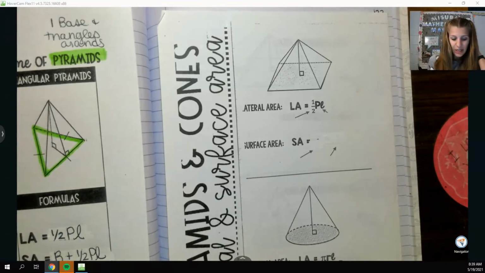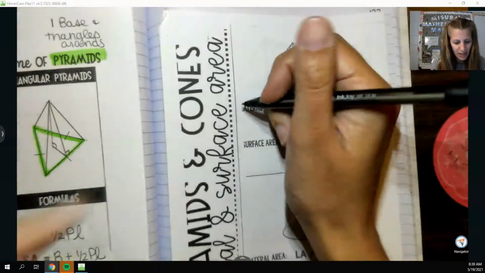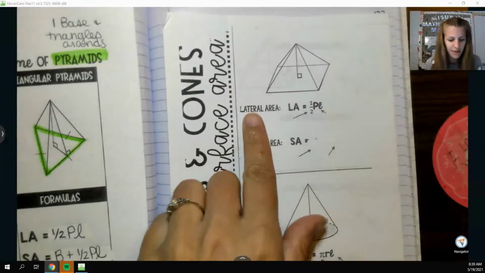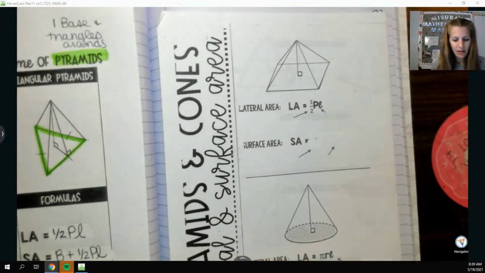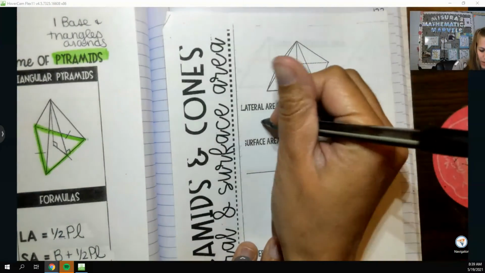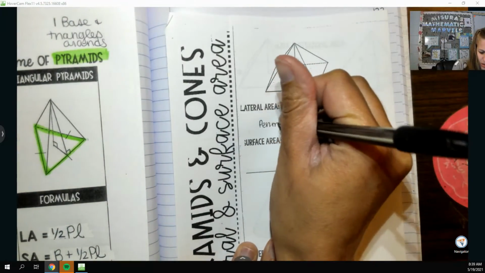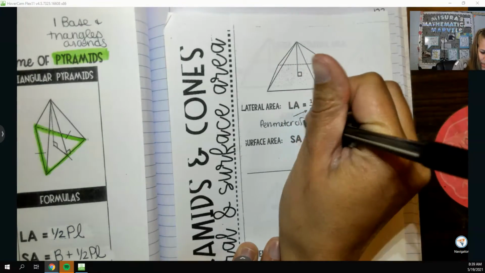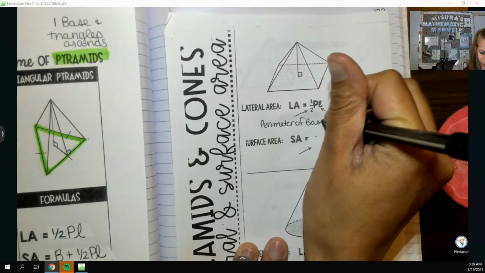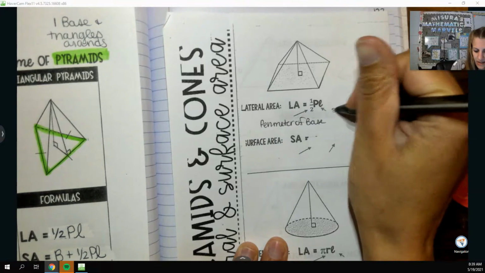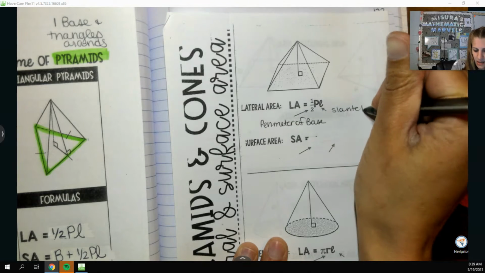So jumping over here, that lateral area, again, sorry, kind of got cut off, is half PL, where P is the perimeter of the base, and then L is the slanted height.